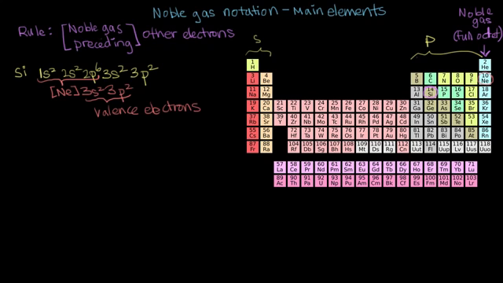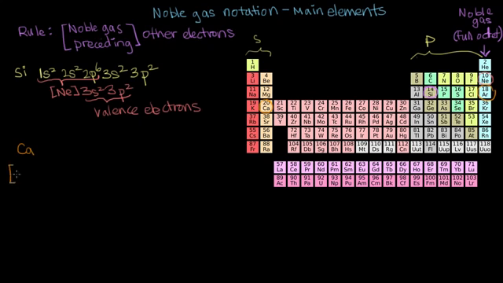We are going to go through one more example, and that will be calcium. Calcium is over here. We're not going to write the full electron configuration this time. We're just going to write the noble gas notation. For calcium, the noble gas immediately preceding it, we go up a row and then over, and we see that the noble gas is argon.